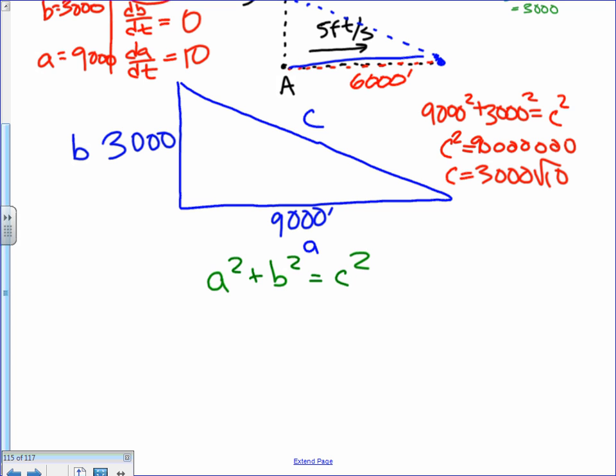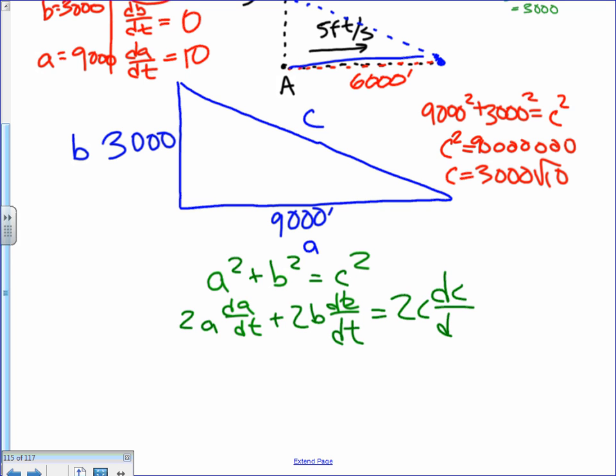I'm going to take the derivative of it: 2A dA/dt plus 2B dB/dt equals 2C dC/dt. Now I'm going to plug in things from my chart. So I have some values here. I'll stick with green. 2 times A is 9,000.